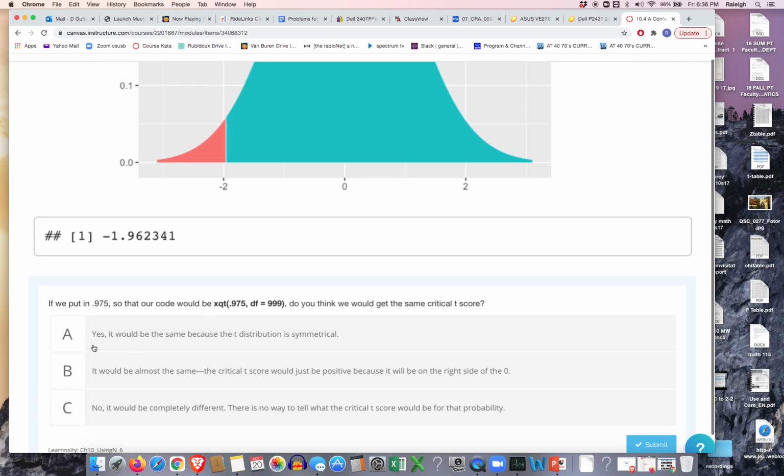And they're saying A, yes, it would be the same because the t-distribution is symmetrical. No, it would be almost the same. The critical t-score would just be positive because it would be on the right side of the 0. Yeah, that's basically correct. That's basically what we're looking for.